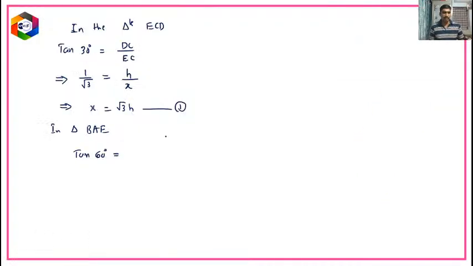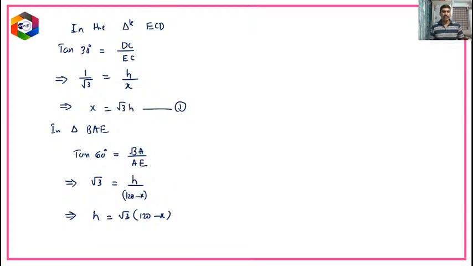So let us write BA by AE. As we know, tan 60 value is root 3, BA is h, AE is 120 minus x. This is very very important. Now let us cross multiply here also. Now h will be equal to root 3 into 120 minus x.